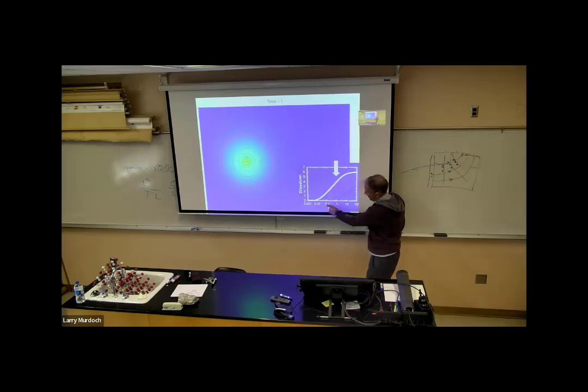This is a log axis. When you have a function that plots as a straight line on a semi-log axis like this, that means it's a logarithmic function of time. That's a characteristic behavior of the drawdown in the vicinity of a well in an infinite medium.